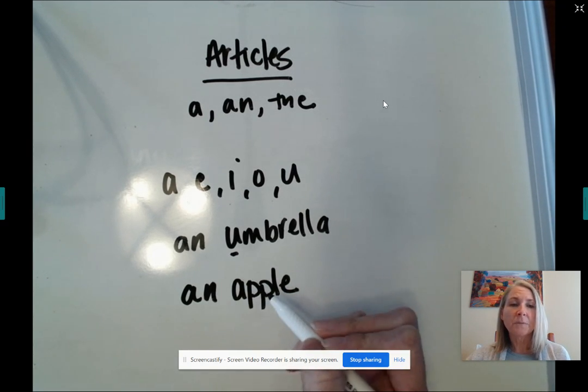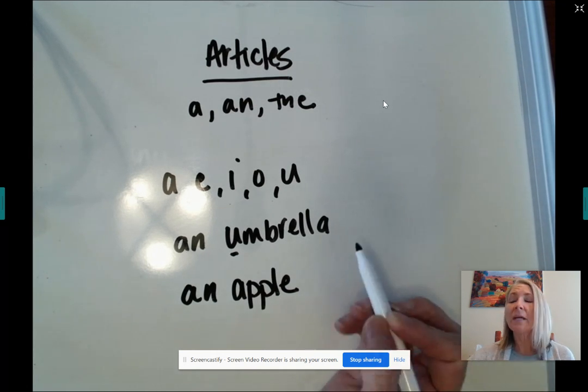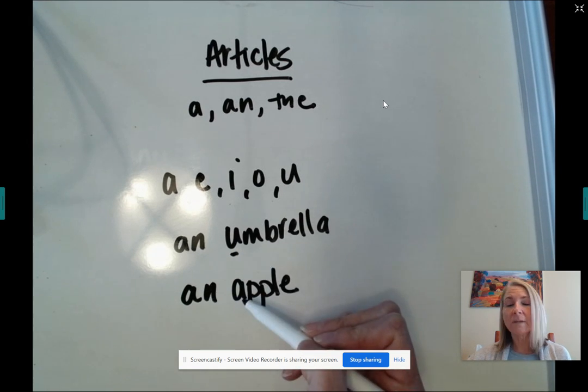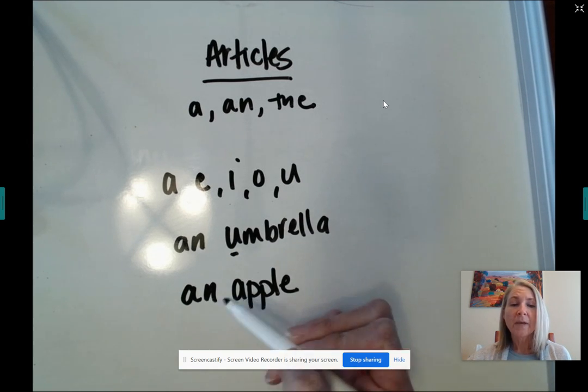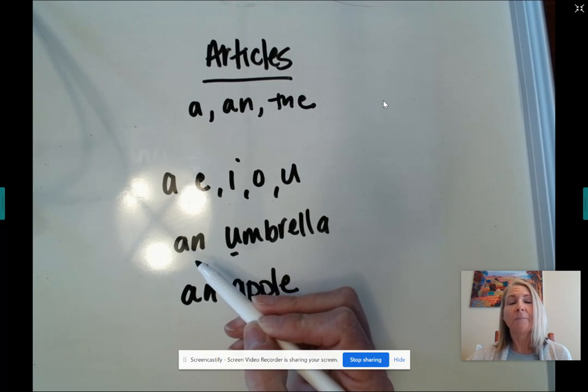But now that it's been introduced to you in third grade, I really want you to keep an eye out for it. If you have a word that starts with a vowel and you are trying to put an A in front of it, pause and think, oh, that's actually an, not a.